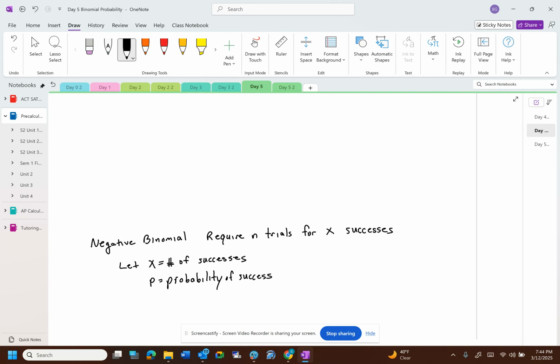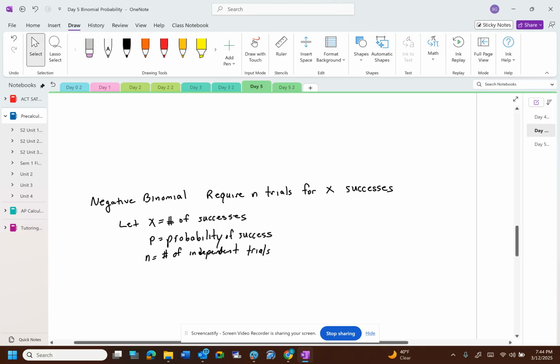And N will be, again, the number of independent trials.